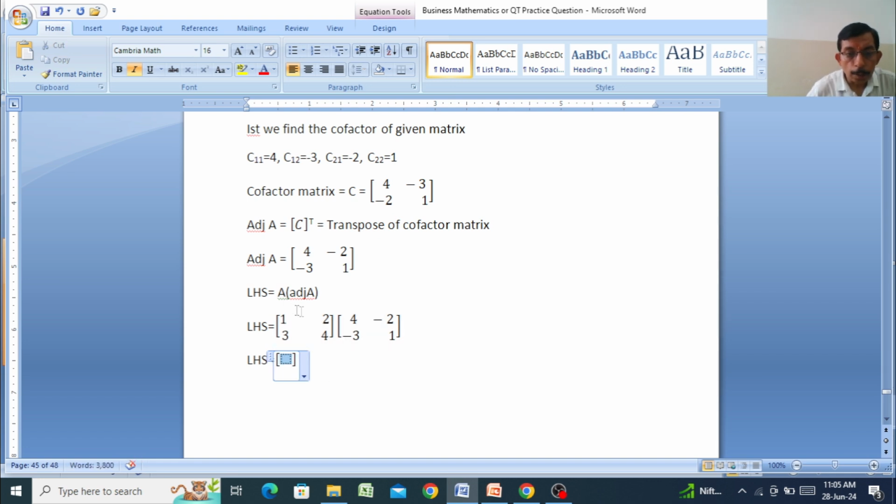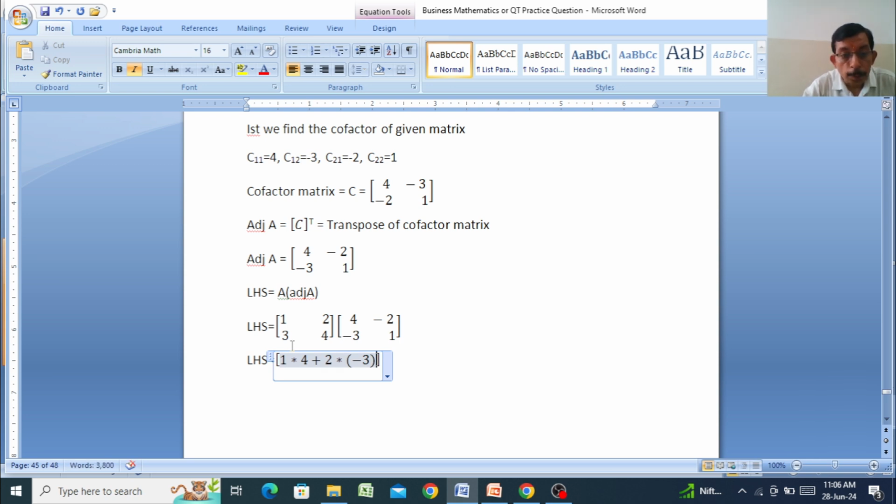First row, first column element: 1 multiplied by 4 plus 2 multiplied by -3. First row, first column multiplication is complete.